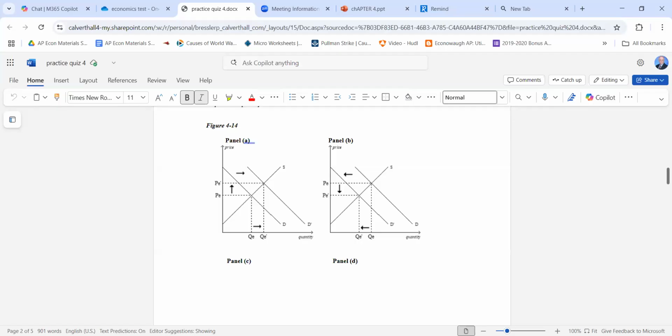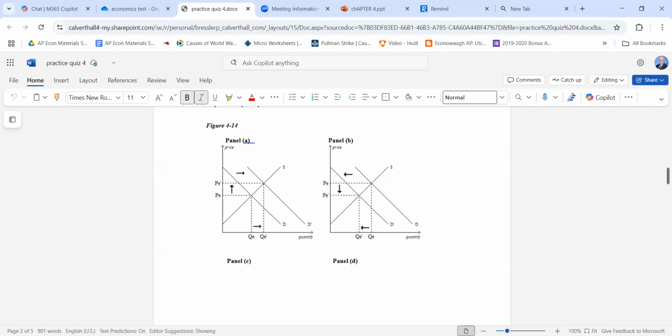For complements, I think of hot dogs and hot dog buns. So an increase in the price of hot dogs, people buy less hot dogs and therefore demand fewer hot dog buns. And that would be, I guess, panel B, a leftward demand shift. You see demand going left, okay? And that would be hot dog buns. And there you could see quantity supplied going down, just sliding down the axis.